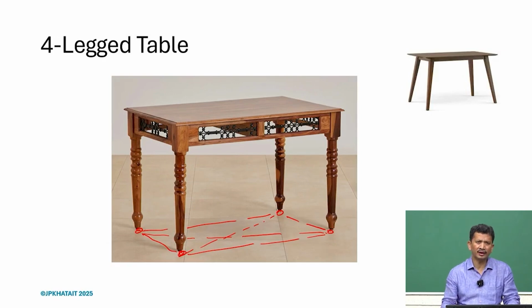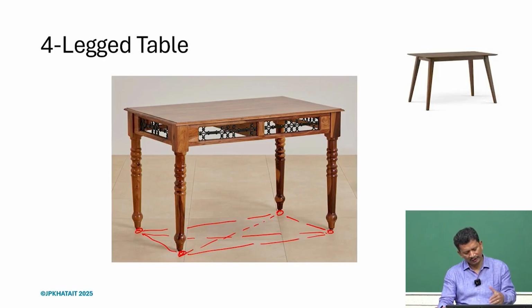But at the same time, if it is for some precision application and you want to put a very sensitive instrument or any kind of setup on top of it, it puts a lot of manufacturing constraint on it, and we will see how it can be resolved if we use kinematic design principles.